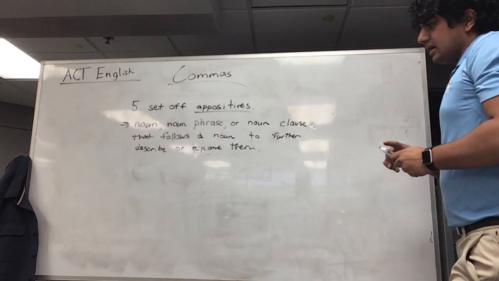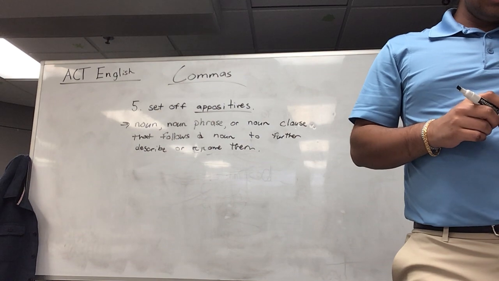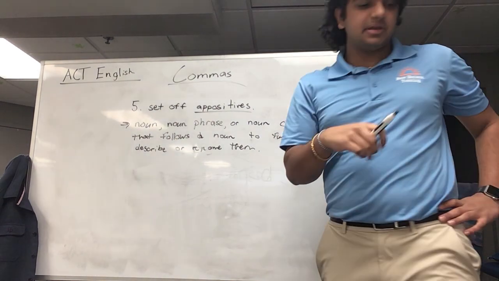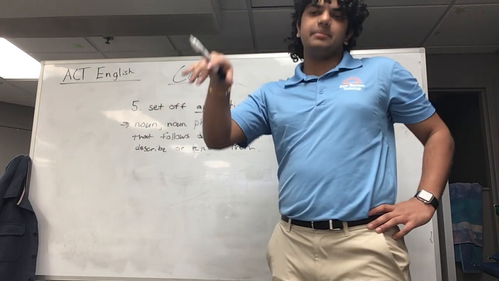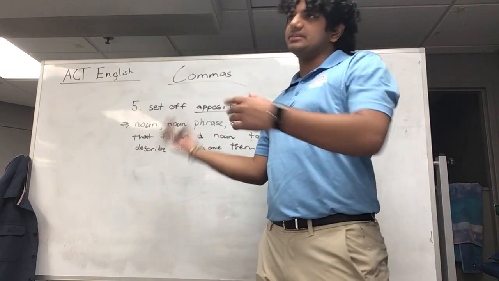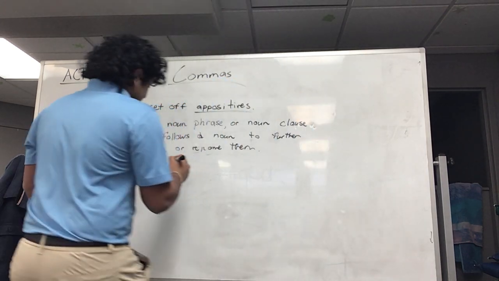Okay, so for example, I'm going to write one down that uses just a noun, and then I'm going to give you an example of a noun phrase. But I'll just say that one so we don't have to write the whole thing down. Let's start with this one here.